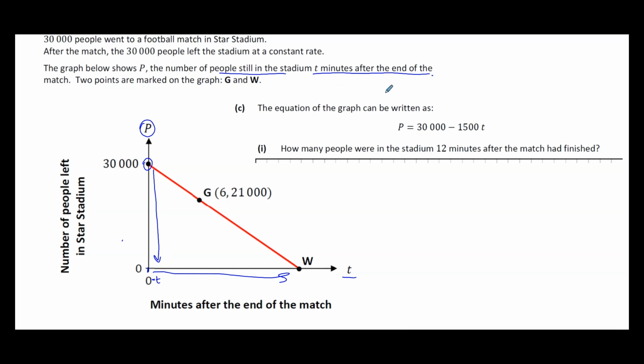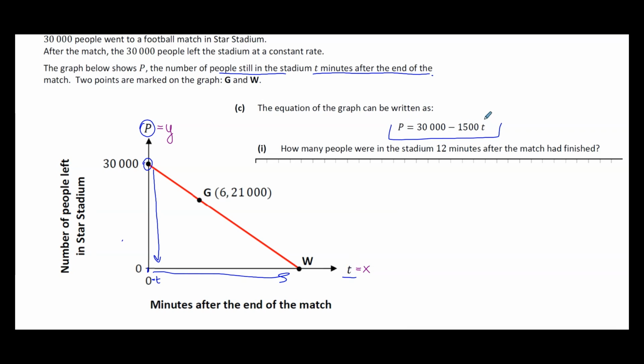The equation of the graph can be written as, and here we have the equation of the graph. Now, with a linear equation, when we are introduced to that, we talk about x and y. We know at this stage that x does not necessarily have to be called x and y does not have to be called y, they can be different letters, as we have here.